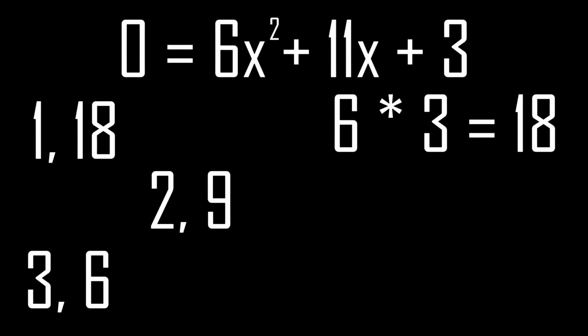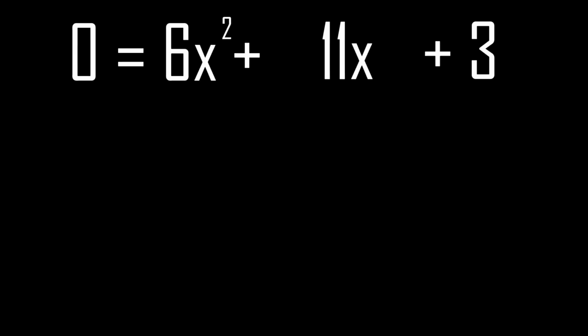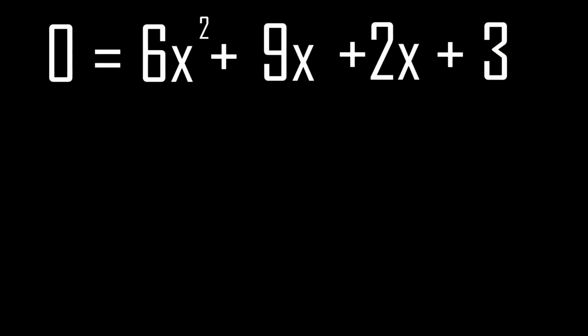Now we have to break the equation apart. This is just splitting 11x into 9x and 2x. Factor the two numbers on the left and right to the best of your ability.